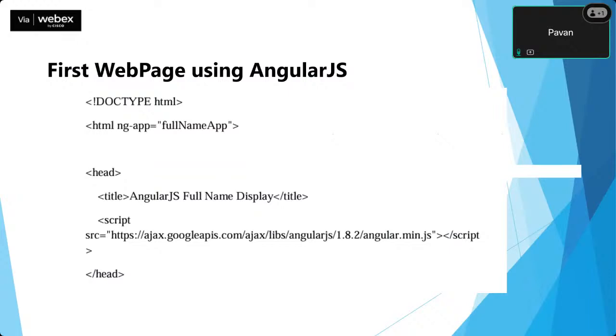Okay, I hope you understand the syntax. So to create a module, we have to mention ng-app inside the HTML tag itself. And if we don't mention this, then we won't get the output. Simple as that.